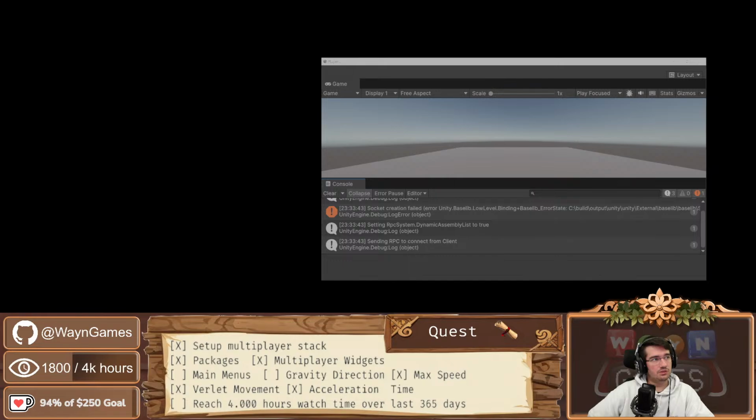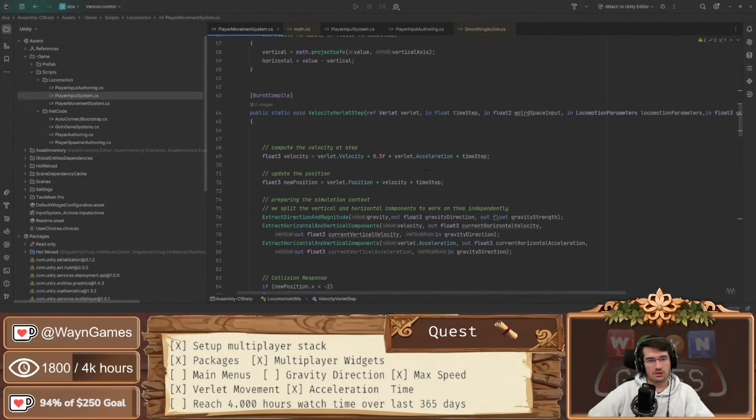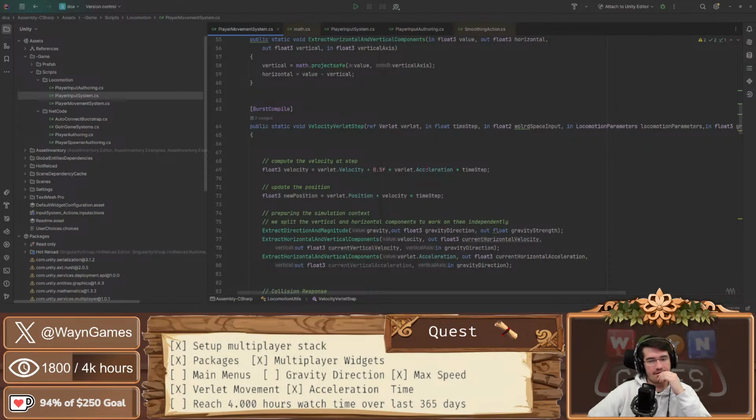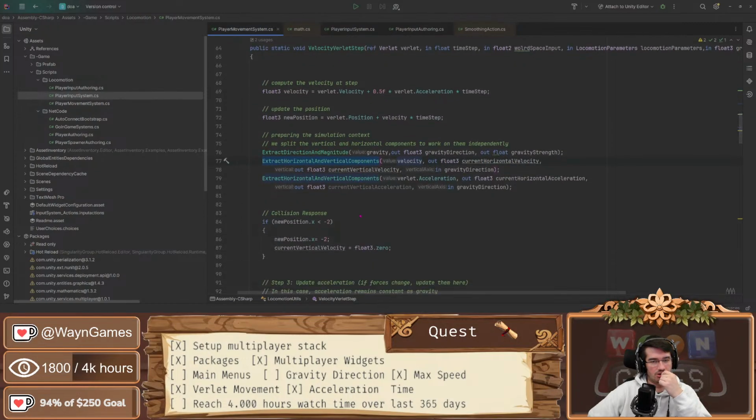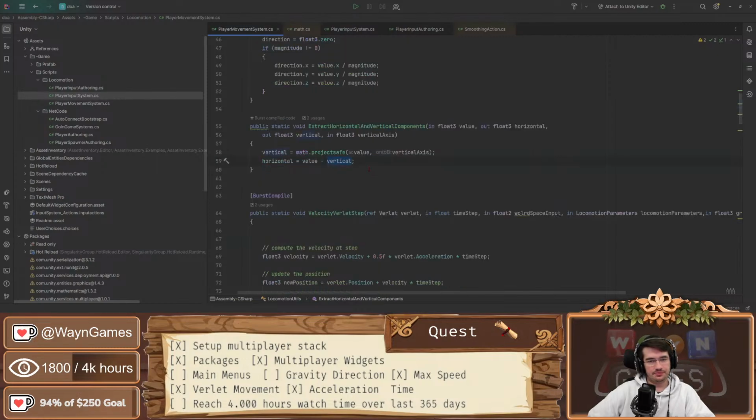But if this is not working here, is it working for that? If the velocity is perfectly aligned with the gravity, yes, that will work.